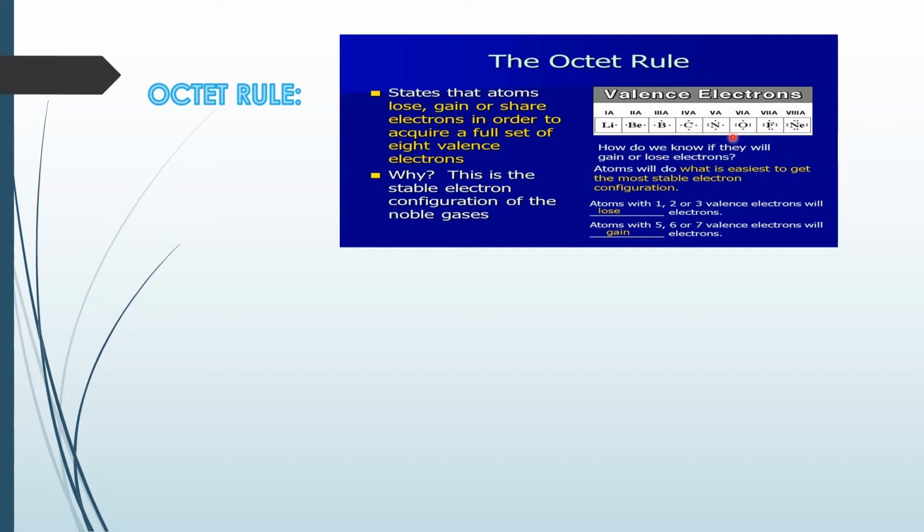In carbon also, it loses 4 electrons and it becomes an octet. But oxygen and fluorine gain electrons to become an octet. That is, atoms with 1, 2 or 3 valence electrons will lose their electrons, but atoms with 5, 6, 7 gain electrons to become an octet.